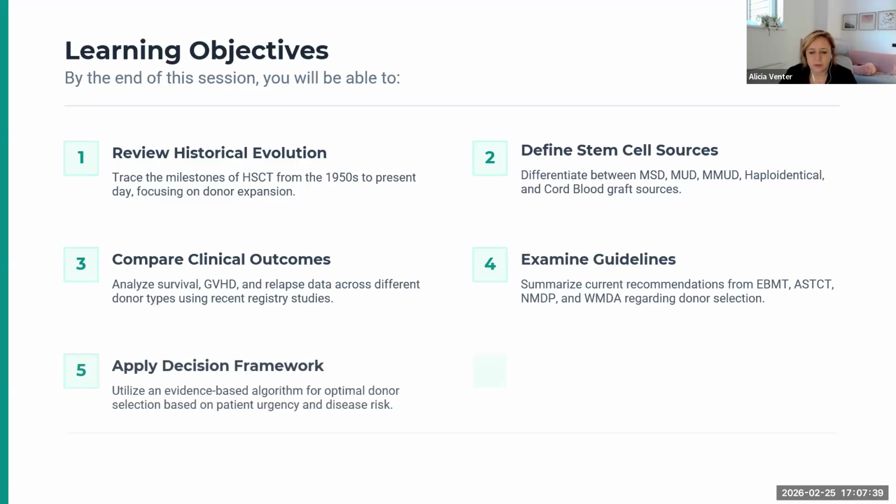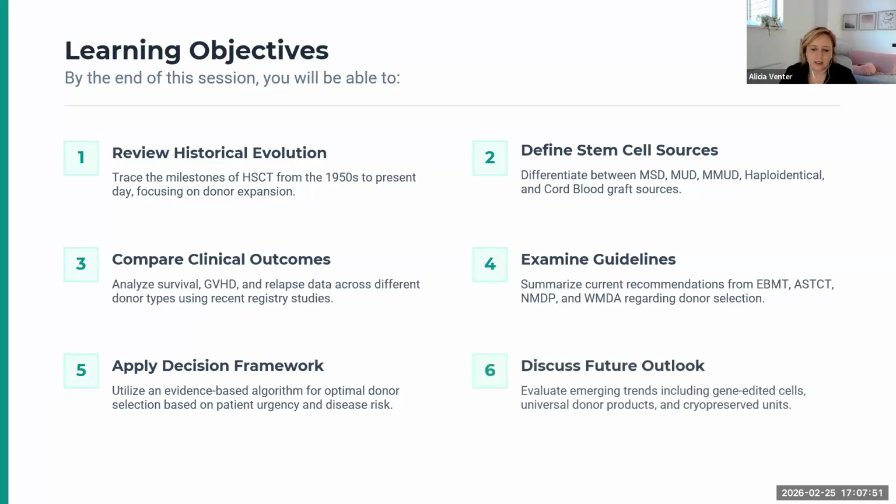And then once we've collated all of that information, we can apply that and come up with a hopefully simple decision framework to apply to every patient case. And then finally, I'd like to give a little bit of a glimpse of what is currently in development and what you can expect to potentially come to market in the next few months, years.